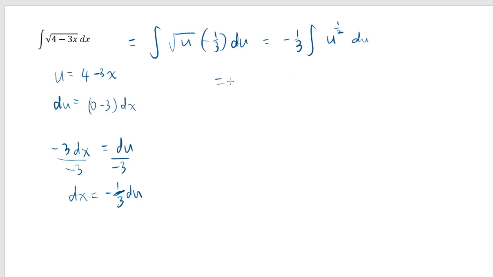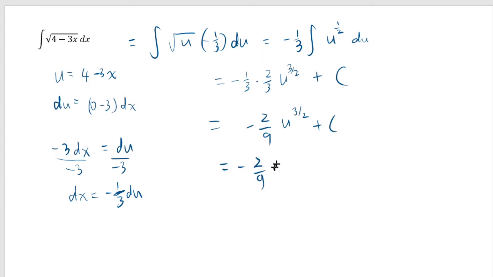And then you use the power rule, so 3/2, put the reciprocal. 1 times 2 is 2, 3 times 3 is 9. And finally, you replace u by 4 minus 3x, so negative 2/9, 4 minus 3x, 3/2 power.